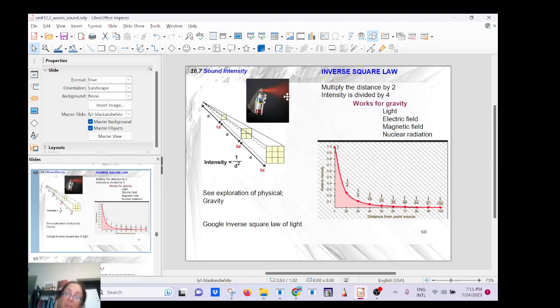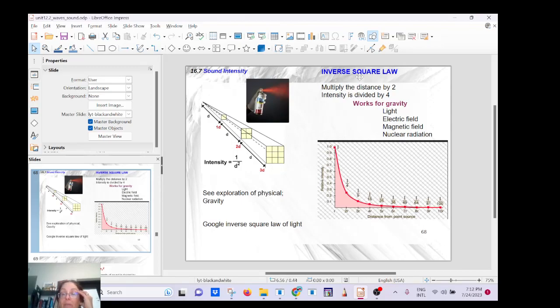If you are spraying paint here, you're going to have one big thick layer of paint, and if you multiply the distance by 2, it's going to spread out over a larger area. Through this small area, it's going to be divided by 4, so the layer will be divided by 4. With 3 times the distance, the layer of paint that you get will be divided by 9.